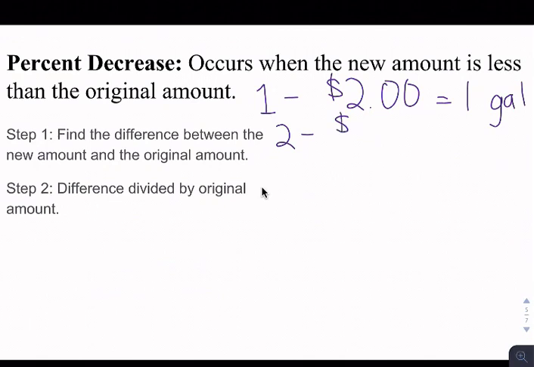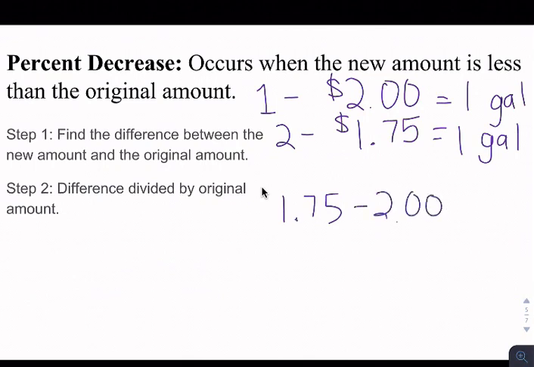And now it costs $1.75 for 1 gallon. So now, again, we still find the difference between the new and the original. So we take the new, $1.75, and we subtract the original.